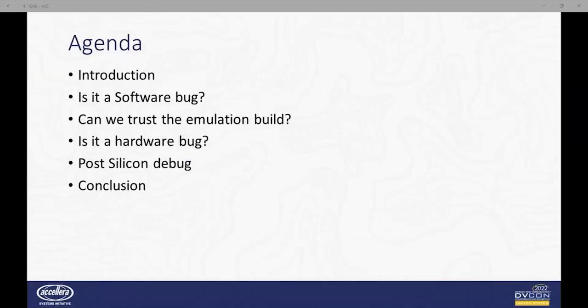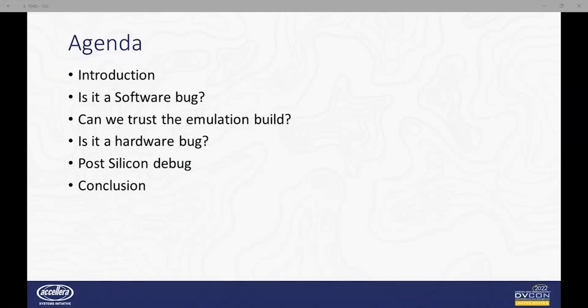This is today's agenda. First, as usual, we will have an introduction. We will talk a little bit about the problems every emulation engineer faces every day. Bugs, lots of bugs. But where are the bugs? Then I will go over some techniques that we have developed to help us find the bugs.